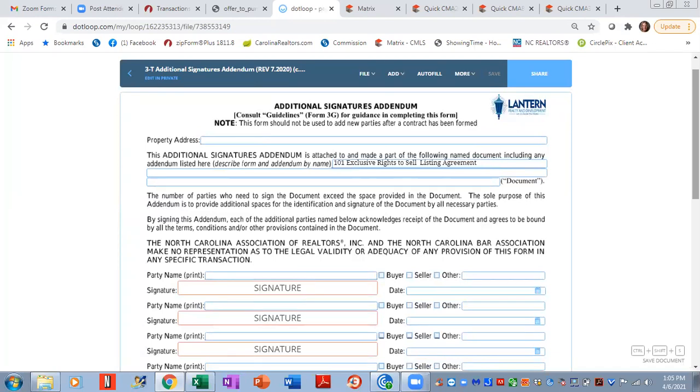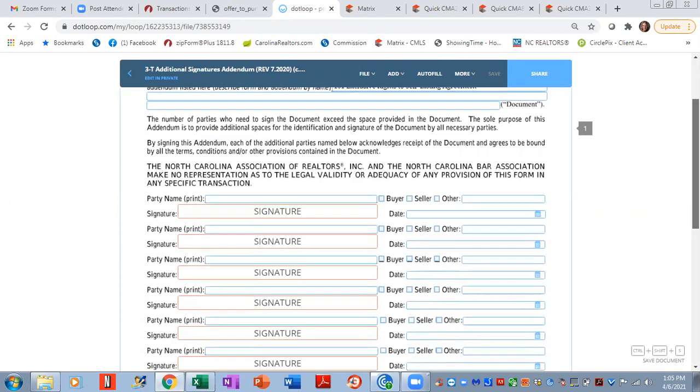that you're working on. So many times there are siblings involved, and there's only 2 spots on the listing agreement, and sometimes there's more than 2 people that are involved. So there is an addendum for that, and it's called the additional signatures addendum.